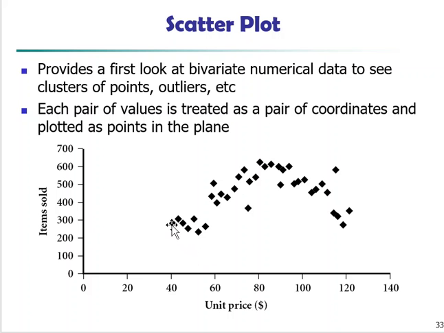So this data point is one product which costs $40 per item, and we have 300 items sold within a week, for example. Looking at this pattern, we see that the least expensive and the most expensive items are all sold in smaller amounts than the items that have a price in the middle range.